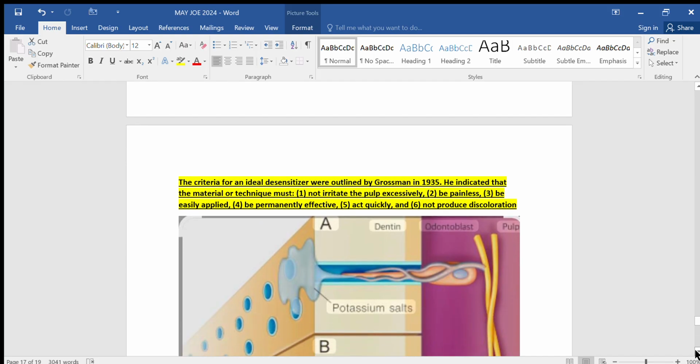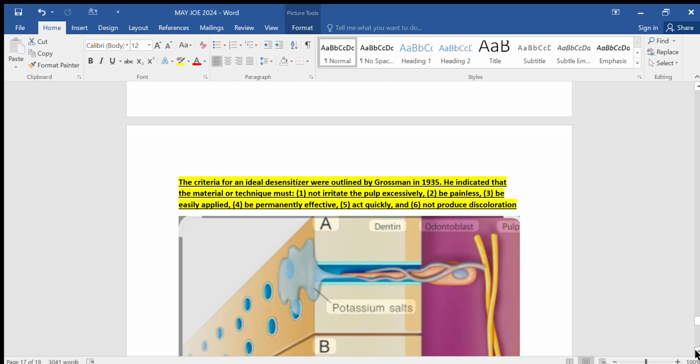Now whenever you prescribe any desensitizer toothpaste, in the form of potassium nitrate containing toothpaste, or in the form of Colgate Pro Relief, there are criteria for selection of ideal desensitizers, which were outlined by Grossman in 1935. He indicated that the material or technique must not irritate the pulp excessively.